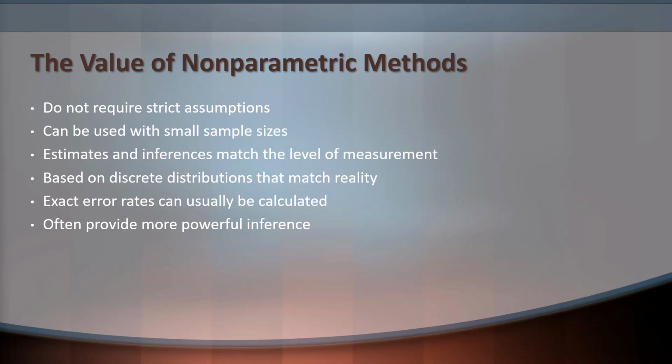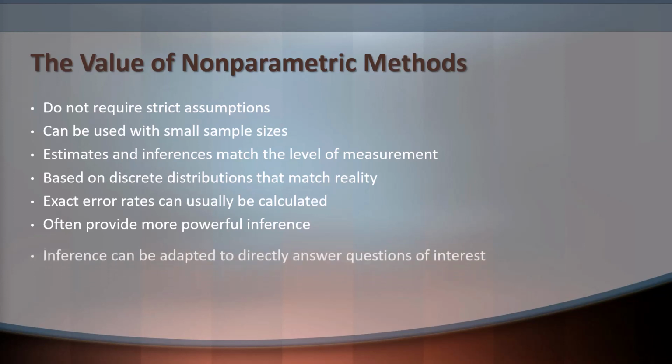That is only true if all the conditions for the parametric methods have been met. Otherwise, a nonparametric method may well be more powerful. So with the actual distributions we work with in behavioral, social, and medical research, the most powerful inference will often come from using a nonparametric method.